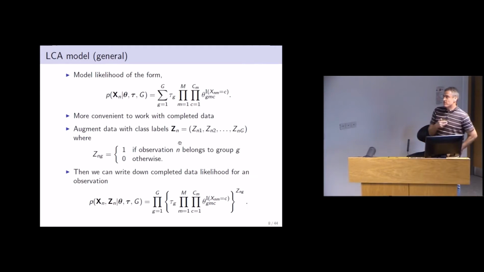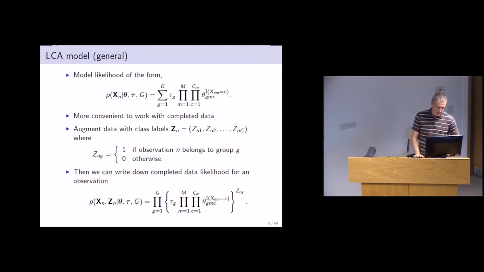If we knew what group each observation came from, our likelihood function simplifies hugely because it becomes a whole load of products. So when we're fitting a latent class analysis model, either in a traditional maximum likelihood framework or in a Bayesian context, it's really common to augment your data with this extra variable. It's an unknown quantity which we're going to have to infer as we proceed with our algorithm. But when we do that, the likelihood becomes much, much simpler, and that's going to really help doing inference for these models.